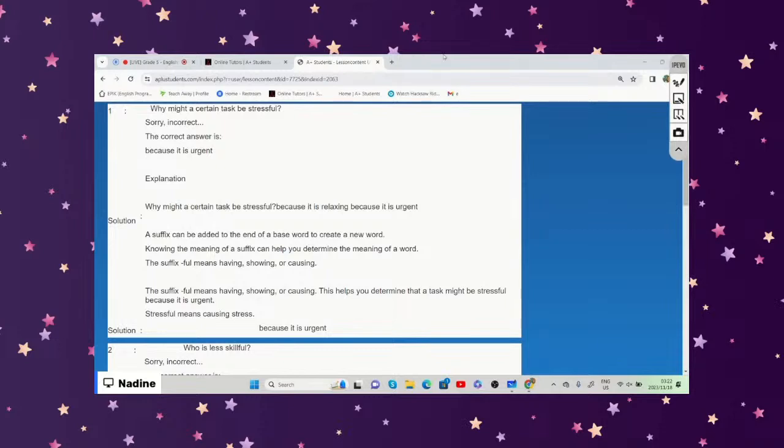So, why do you think a task might be stressful? If you were to get a task that you had to hand in, why would that task be stressful on you specifically? Especially when there's a due date. So, why do you think it would be stressful? Why would you be stressing specifically about this specific task?